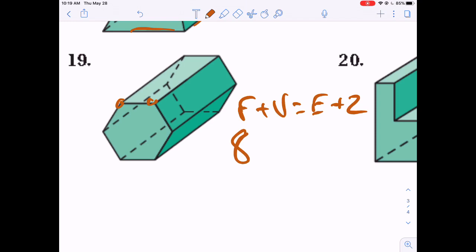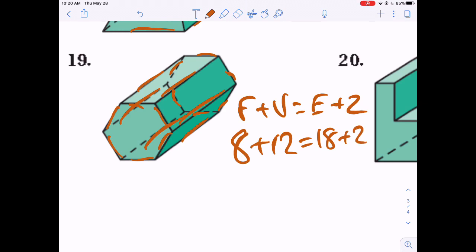So there's 1, 2, 3, 4, 5, 6, 7, 8, 9, 10, 11, 12. 12 of those. And lastly, the edges. 1, 2, 3, 4, 5, 6 on the front, 6 on the back, that's 12, and 6 more, that's 18. Plus 2, 20 equals 20. Yeah, it worked.